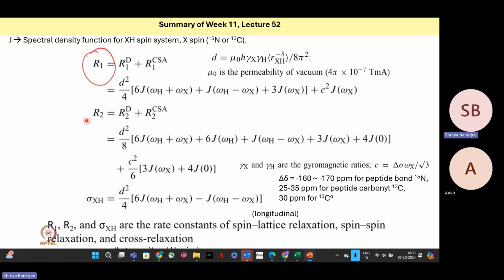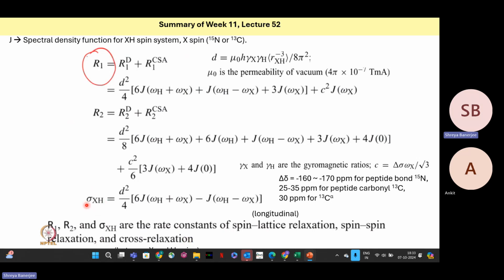These are experimentally observed quantities. So from NMR, you can get the value of R1 and R2, which is the relaxation rate constant. So R1 is for spin lattice relaxation or longitudinal relaxation. R2 is for spin-spin relaxation, which is also transverse relaxation.